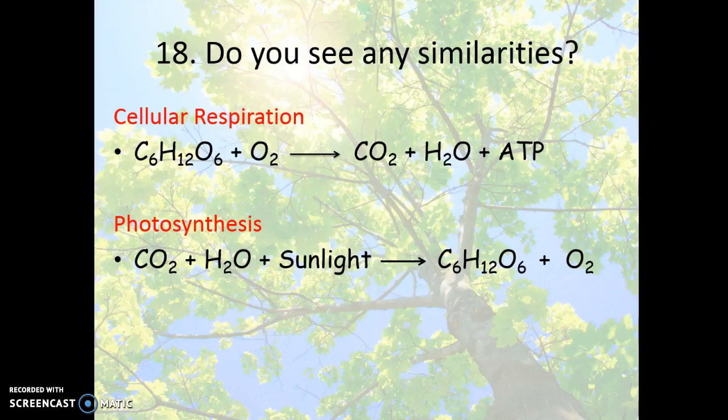So as you can see, in life, plants and animals are very dependent on each other. We need plants to take carbon dioxide, water, and sunlight to create food and our oxygen supply. But that glucose and oxygen, when eaten by animals, gives off carbon dioxide, and we give off water also that can be used in photosynthesis. And of course, ATP is used by both plants and animals to do all of this.